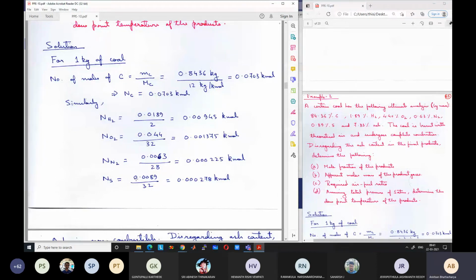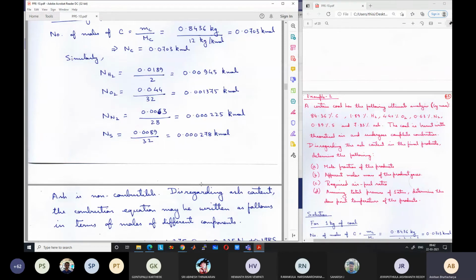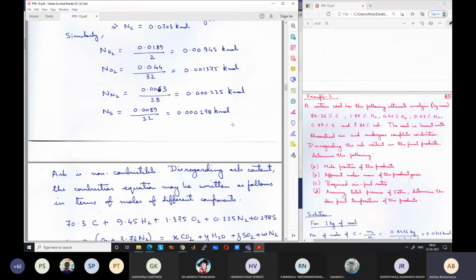Sulfur present was 0.0089 kg divided by 32, the atomic weight of sulfur, assuming that sulfur is in a single atomic state. So 0.0089 by 32 is 0.000278 kilomole. So this is the number of kilomoles of each of the combustion constituents.